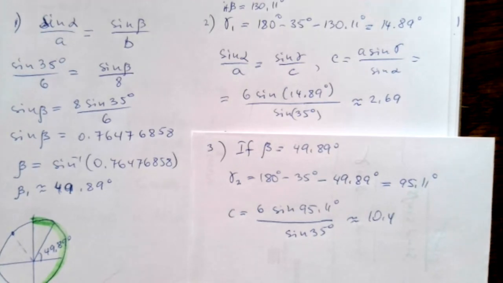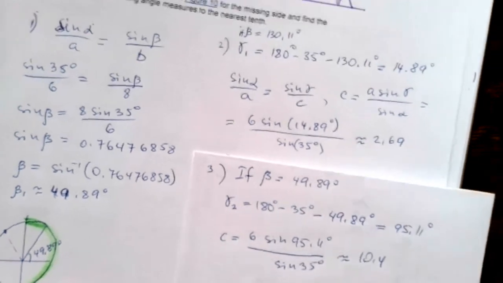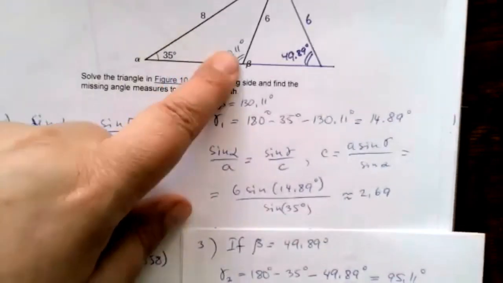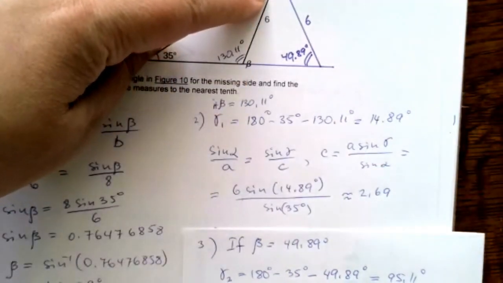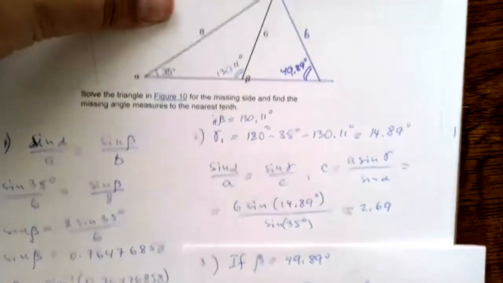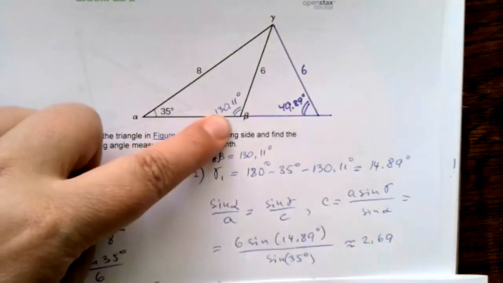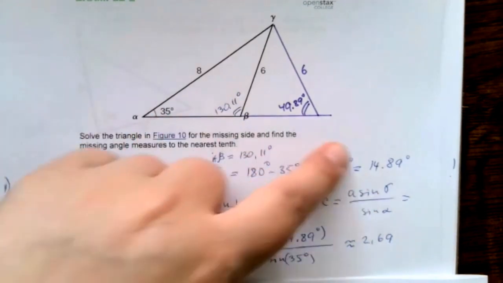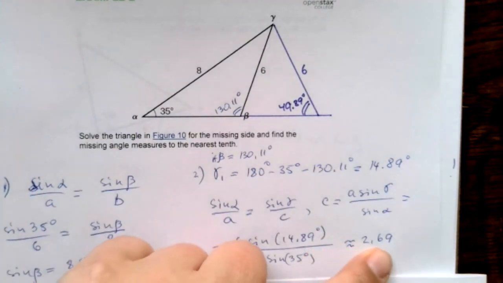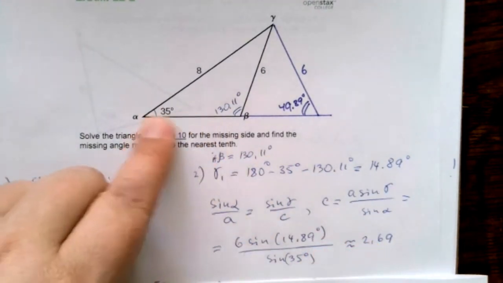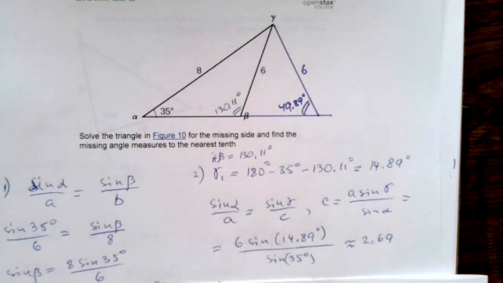So now what do we have? Let's recall. We have, again, two triangles. If beta is 130.11, then gamma is 14.89 degrees, and then side C is 2.69 units, which makes sense. It's very short, right? Because as the law of sines says, the length of the side is proportional to the angle across from it.